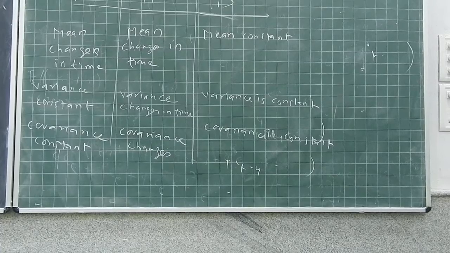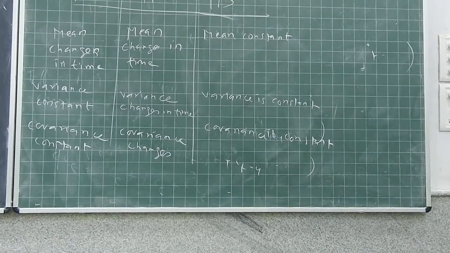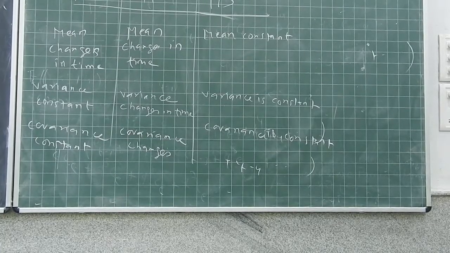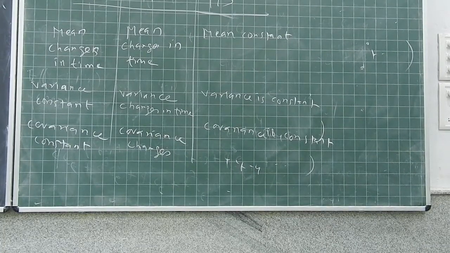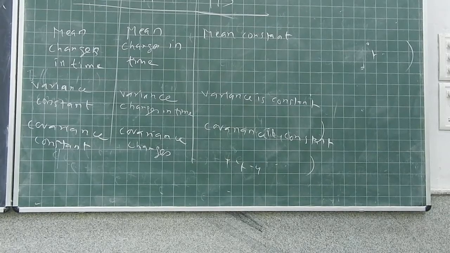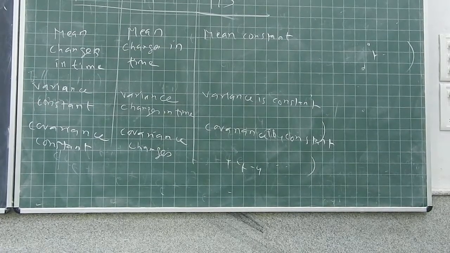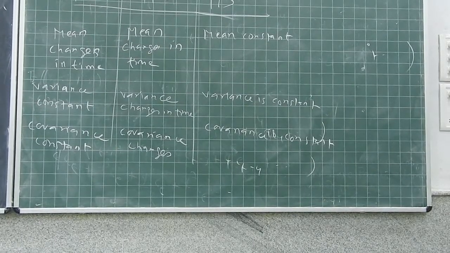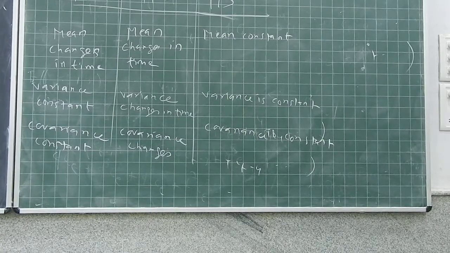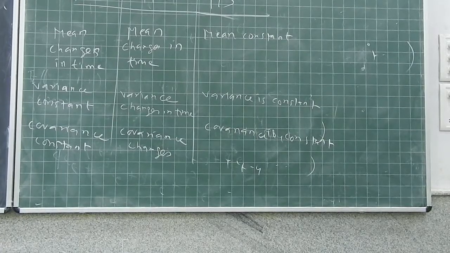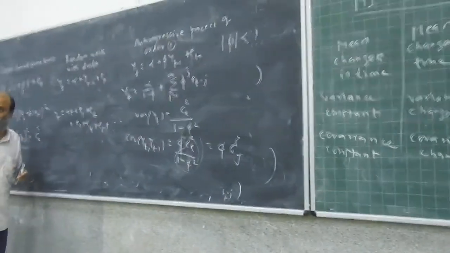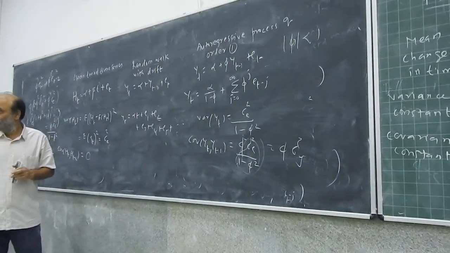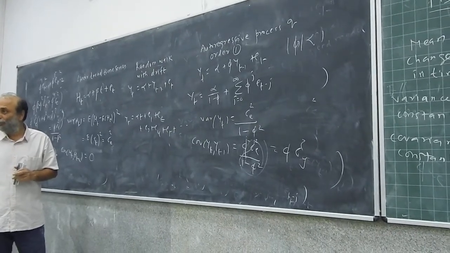And the other very important difference between the two time series, especially the AR1 and the non-stationary time series, is, look here, yt is this, no? So yt can be written as alpha t plus e1 plus e2 plus e3 plus e4 plus e5 and so on, by backward substitution.